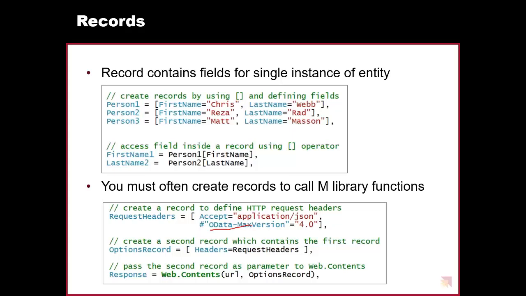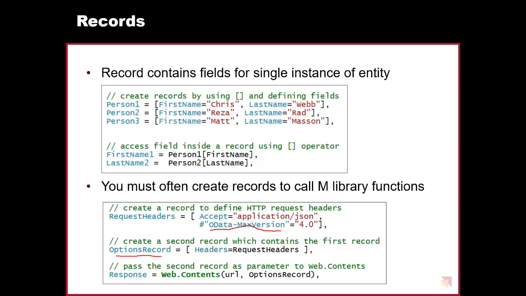Also note that one of the HTTP headers is OData max version, and so that name is not allowed in M code unless you put the pound and quotes around that particular value.